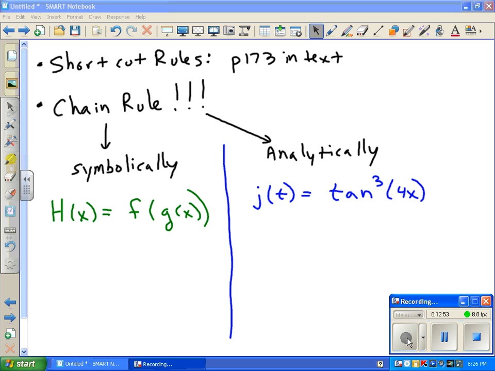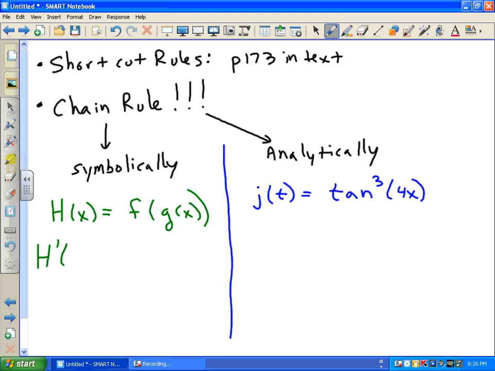If we're given a function h of x, which is equal to f of g of x, in other words, there's a function g of x embedded inside the outer function f. We apply the chain rule to find the derivative, h prime of x. The general method of the chain rule is to work from the outside in, taking derivatives, leaving the inside alone, and multiplying along the way.